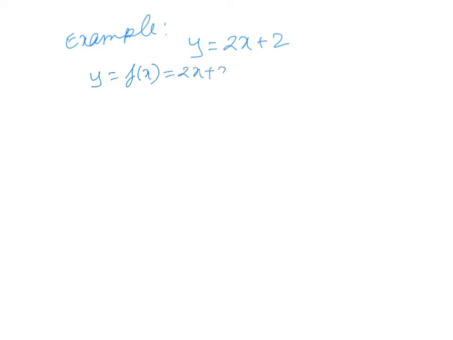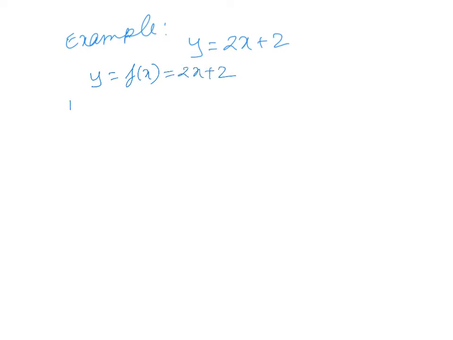Let us take the example of how to find the inverse of a straight line, say y is equal to 2x plus 2. This is a straight line, it is a function, and we are going to determine its inverse. We know f of x is equal to y, the original function, which is equal to 2x plus 2.